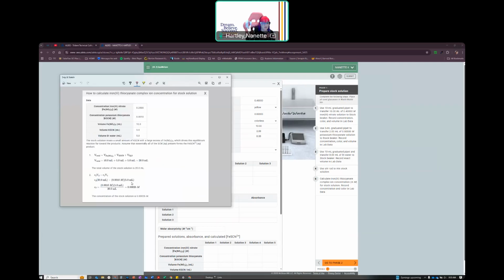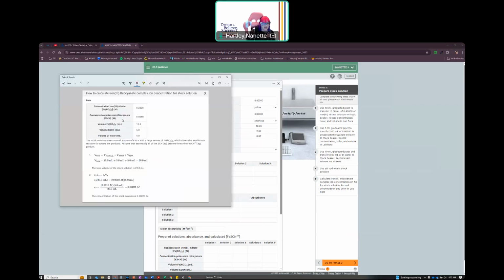So are we talking about that 0.4? Stock solution mixes a small amount of KSCN with large excess of FeNO3, which drives the equilibrium reaction far forward to the products. Assume that essentially all of the SCN minus present forms the FeSCN product.